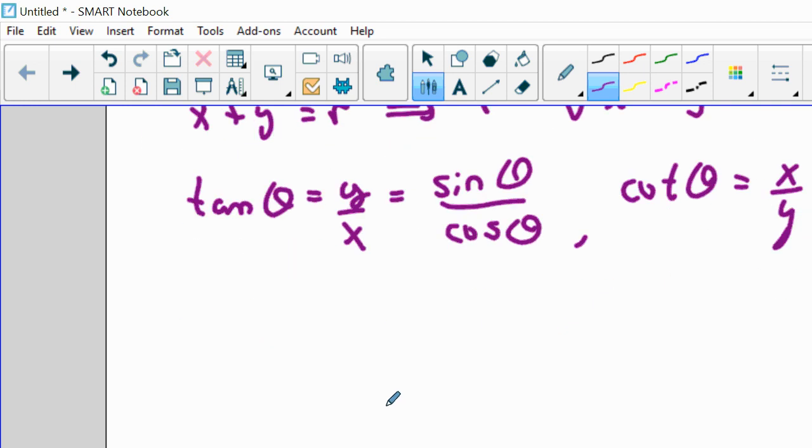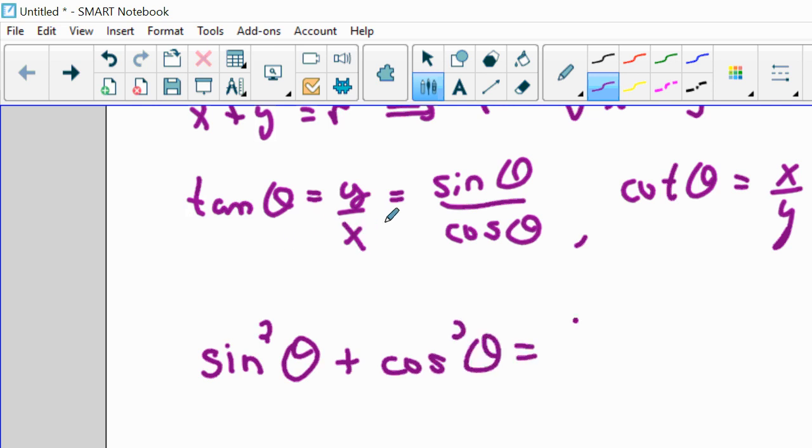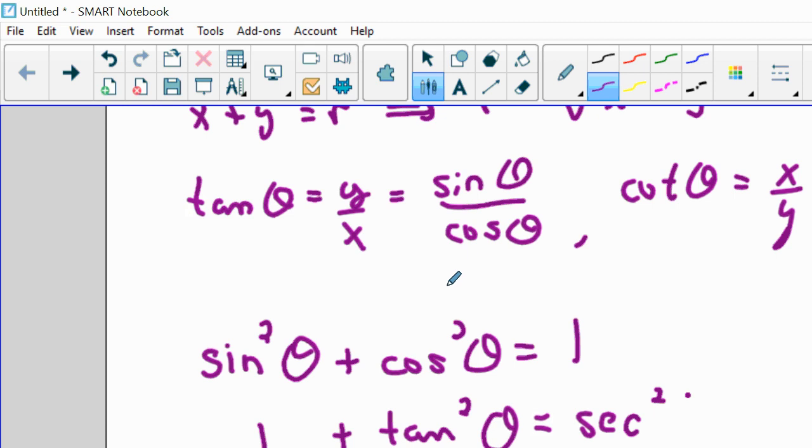But wait, there's more. The Pythagorean theorem identities: sine squared theta plus cosine squared theta equals 1, 1 plus tangent squared theta equals secant squared theta, and 1 plus cotangent squared theta equals cosecant squared theta.